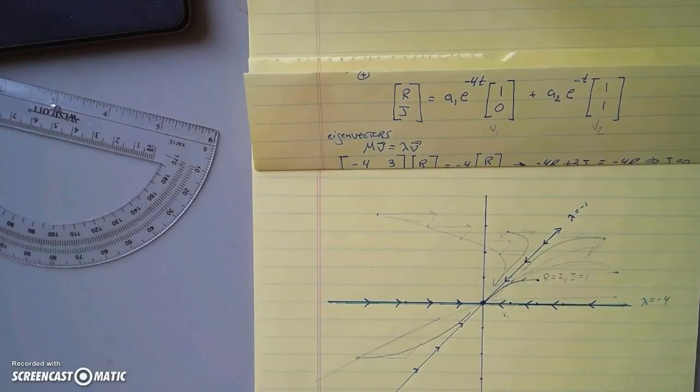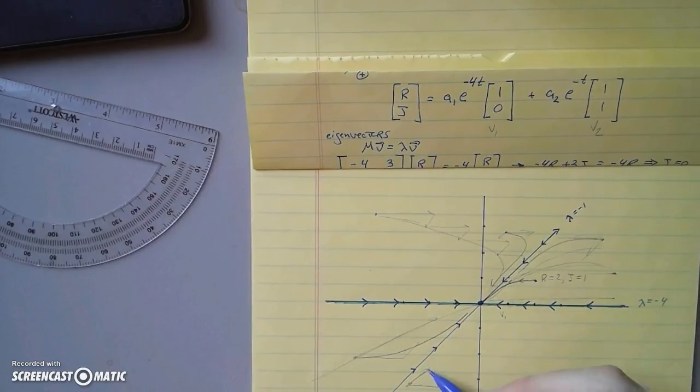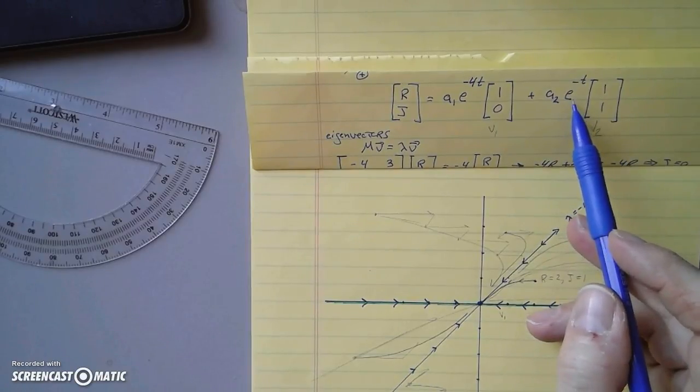Or maybe on the axis, like what happens right here? Well, again, at this point, what do we have? We've got decay in this direction, or we're moving in this direction. Decay in this direction, or we're moving in this direction. And of course, we're not going to cross this line because these exponential terms, they're never zero, right?